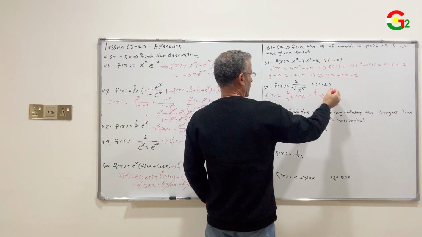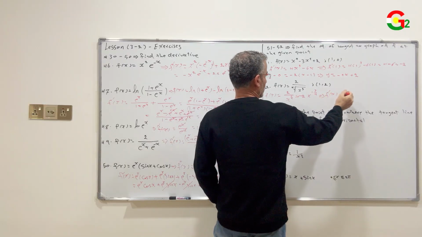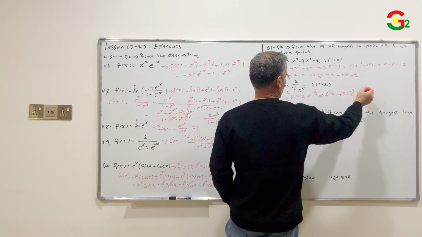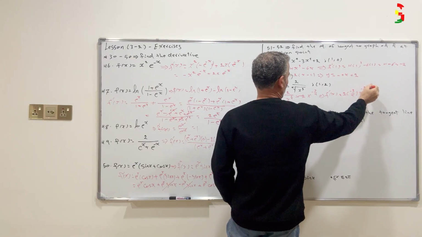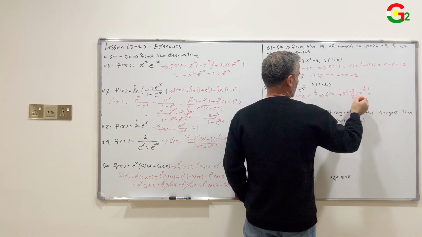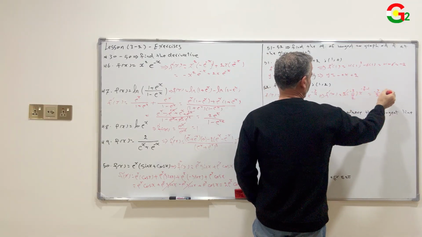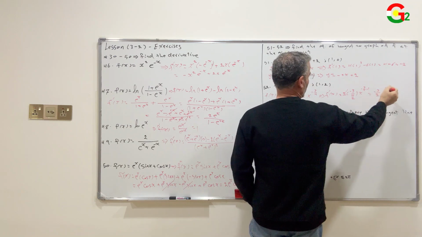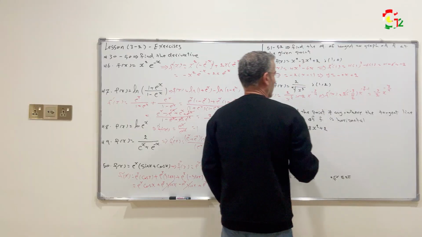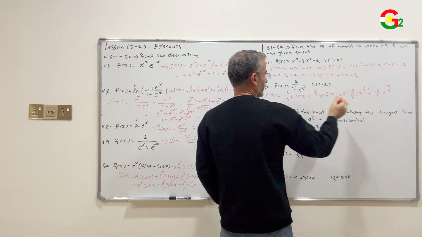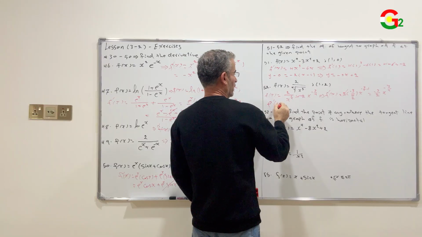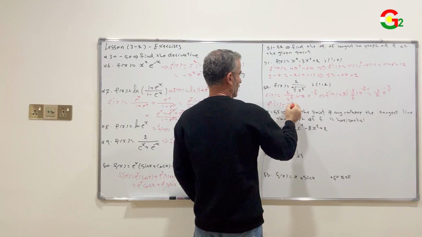Then the derivative of this function is 2 times negative 3 over 4 x to the negative 3 over 4 minus 1 equal to, reducing 2 with 4, negative 3 over 2 x to the negative 7 over 4. At the given point, f prime of 1 equal to negative 3 over 2.